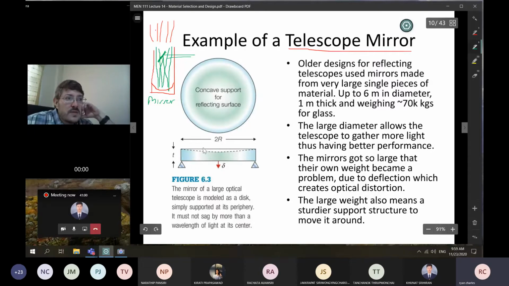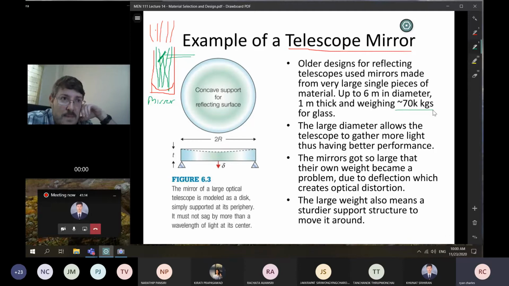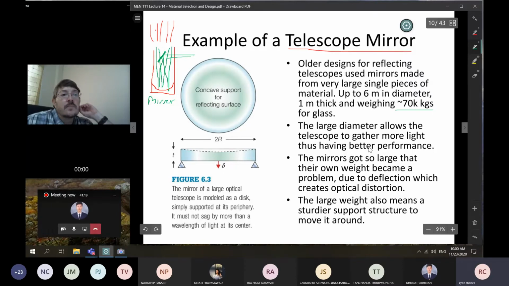So you have this big piece of glass up to 6 meters in diameter and 1 meter thick, with a weight perhaps approaching 70,000 kilograms. That's a big piece of glass, right?